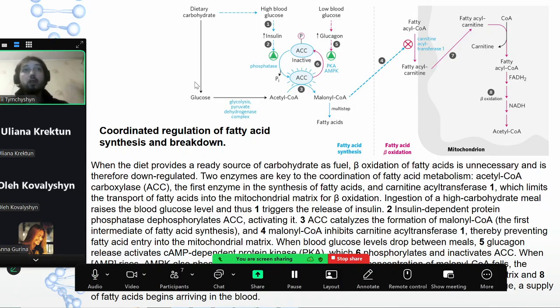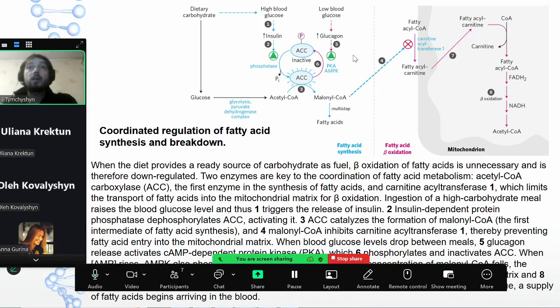So it tells to all the organs, guys, we have some high energy state. It's time to collect some glucose into your storages for some future usage. So use it when you need it, collect it, and so on. While glucagon tells us that there is the low blood glucose, and well, it's time to mobilize some of the storages. And here you see, so when the diet provides a ready source of carbohydrate as fuel, beta oxidation of fatty acid is unnecessary and therefore is downregulated.